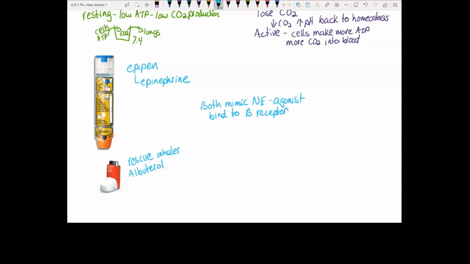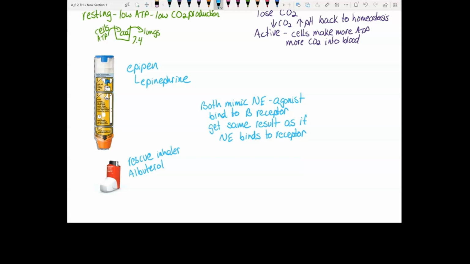So when they bind to the beta receptor, you get the same result as if norepinephrine were doing it. So they're not blocking, they're stimulating. Your body can't tell the difference between these medicines and its own norepinephrine. So it's like somebody copies the key to your house and then they can unlock the door.